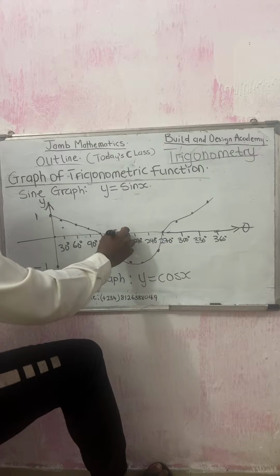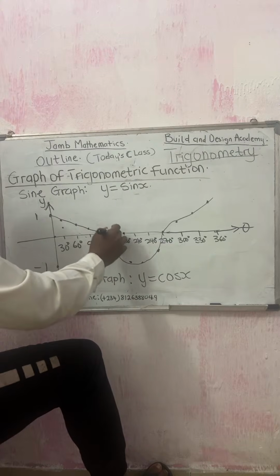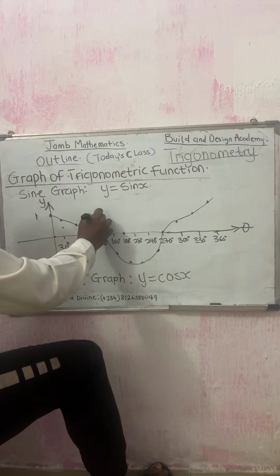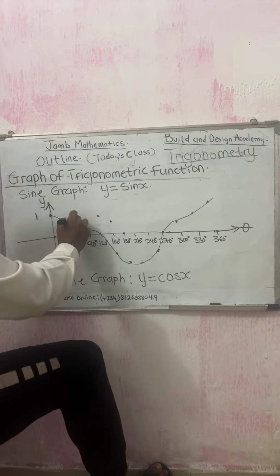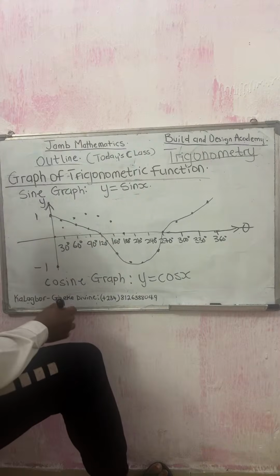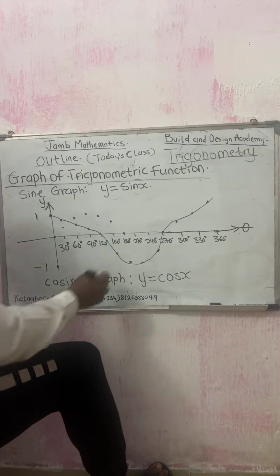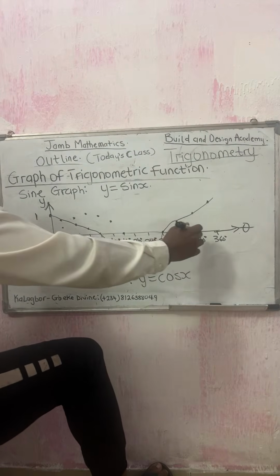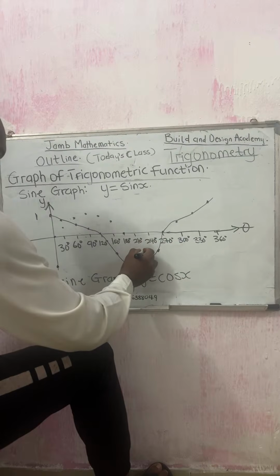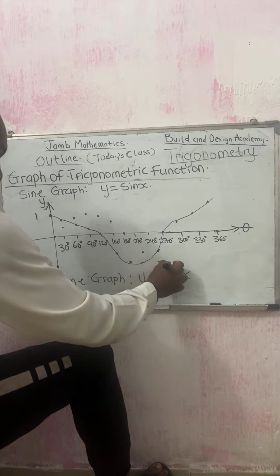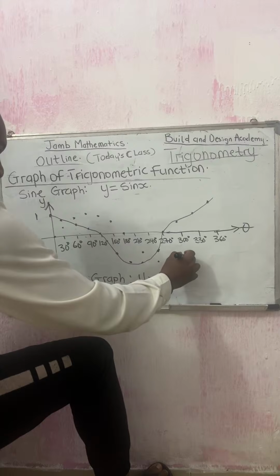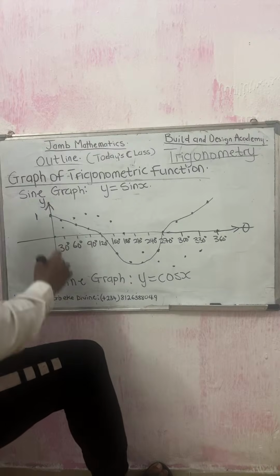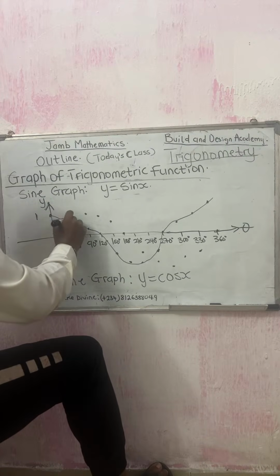Until it gets to this 180, having points at 150, 120, 60, 90. Then it will go again from here until it comes to 360. We will keep going and going. So the cosine graph will be something like this.